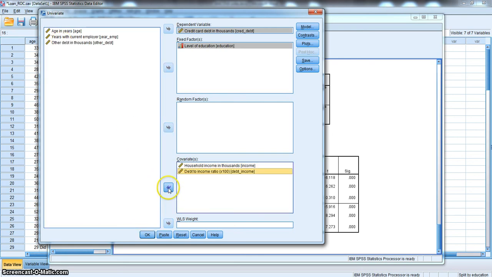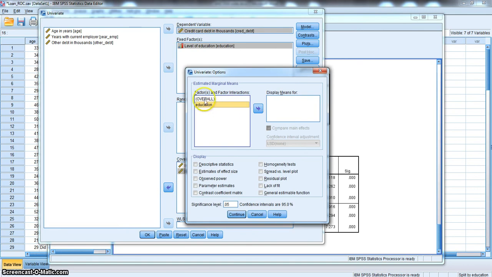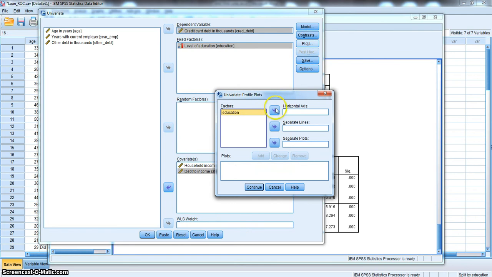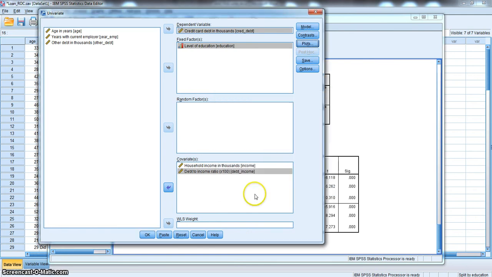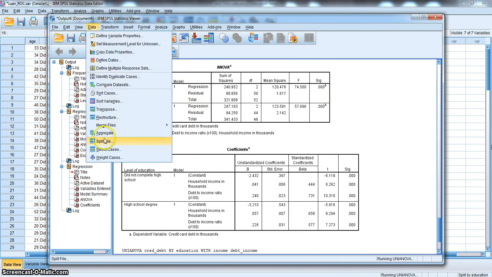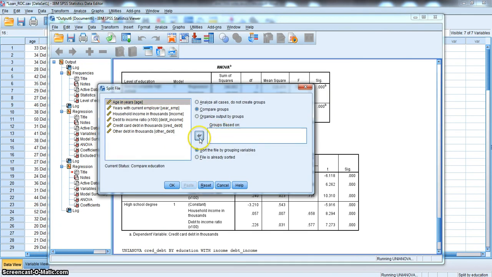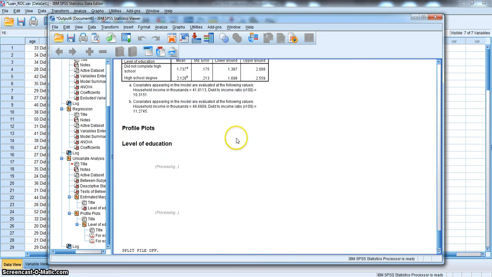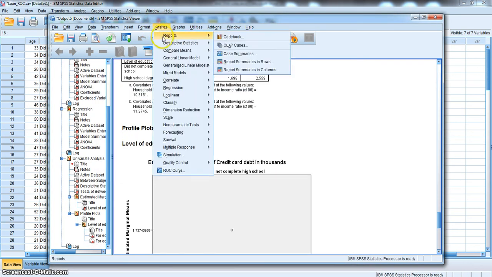Now if we click on Options, we can select Education here, Descriptives, Estimates of Effect Size, Continue. If we want to get some means plot, we can do that, and then OK. And I always forget to do this, but we've got to go back and change this so it's off of split file. You can always just click Reset as well. Click OK, and then we'll just run the analysis again.